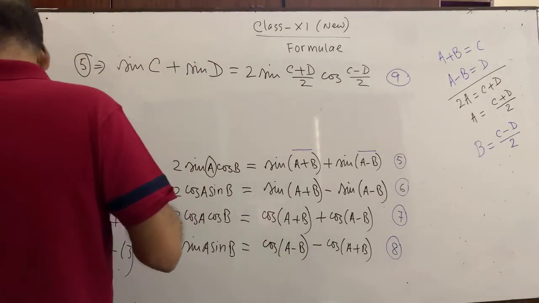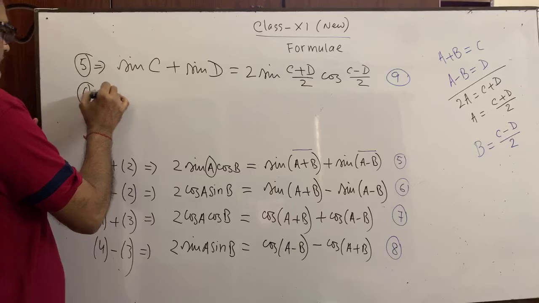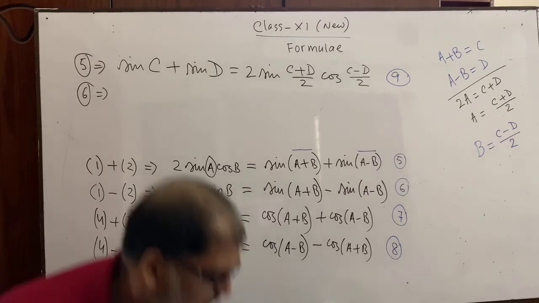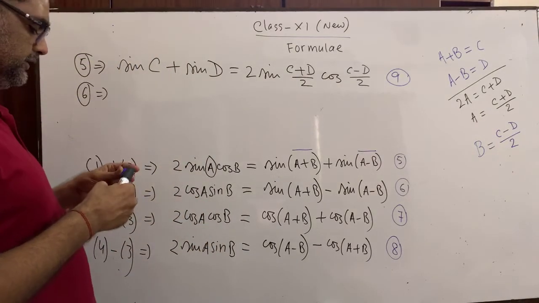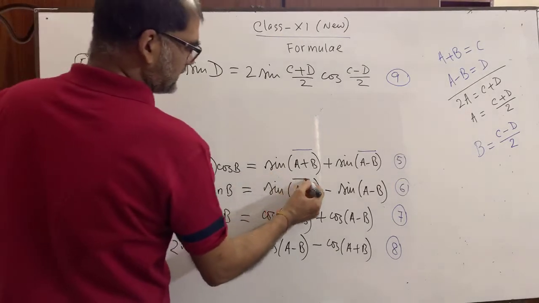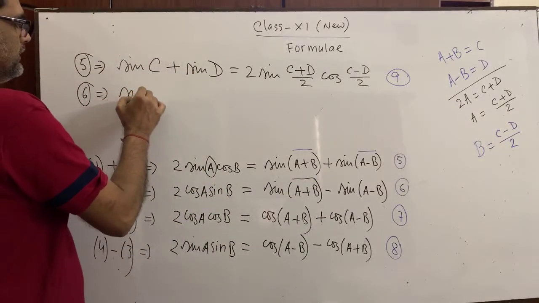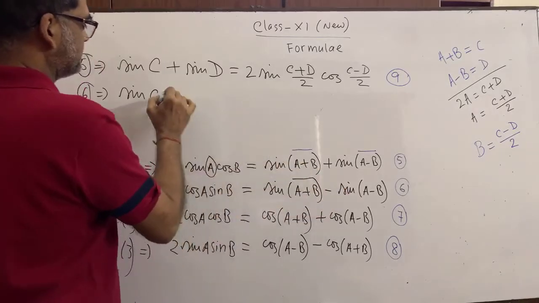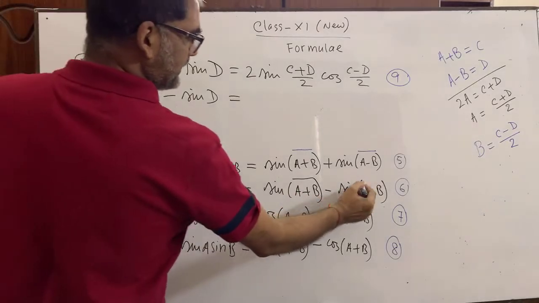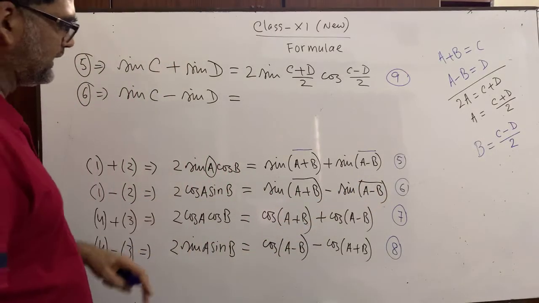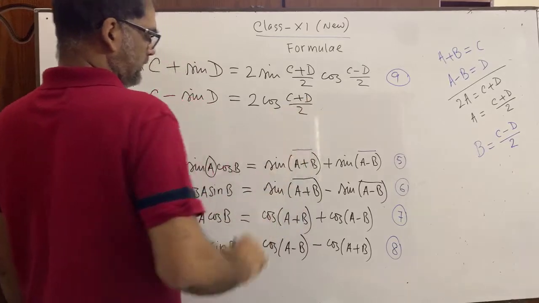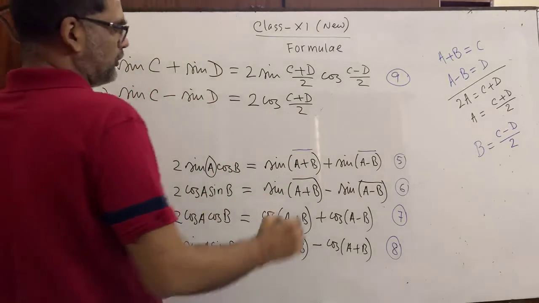Now go to number 6. In the same way, you put A plus B equals C, then we get sin C minus sin D is equal to 2 cosine A. So we can write 2 cosine A sin B, B for what?